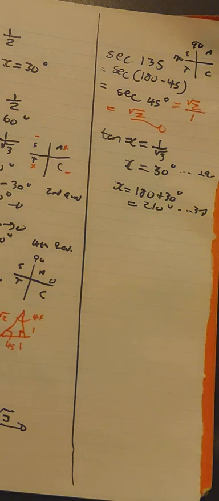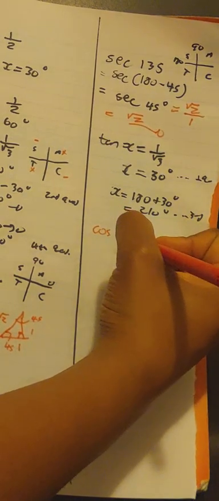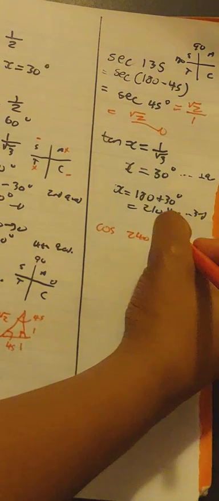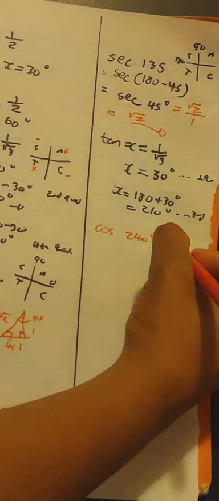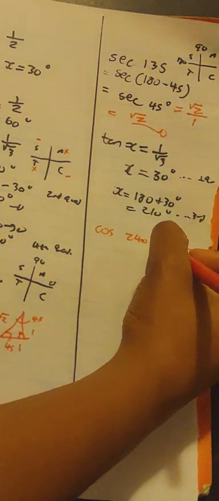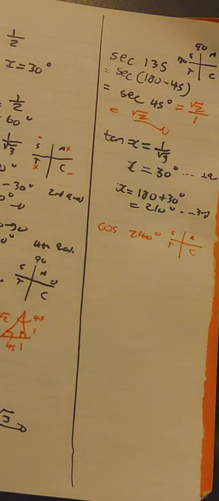Then we have cos 240 degrees. They gave us angles. That means we go to our CAST diagram.